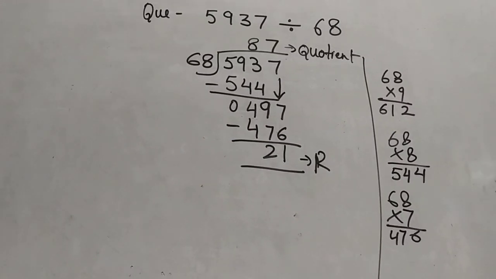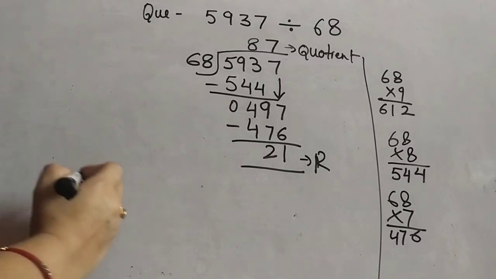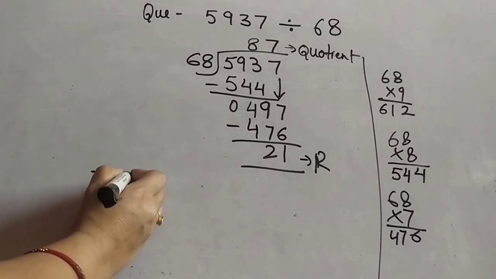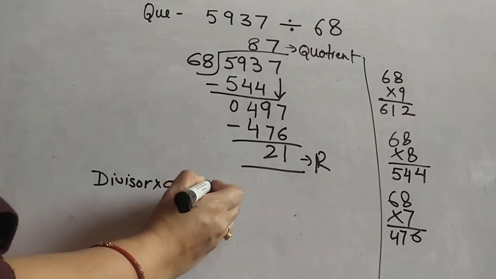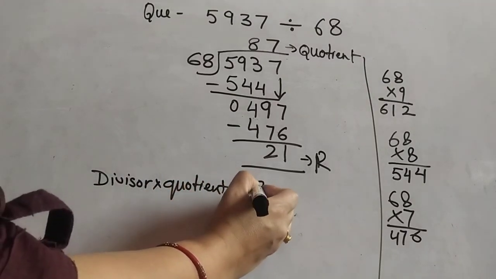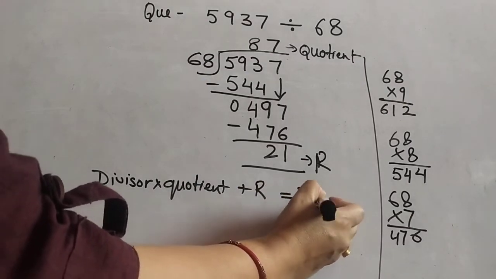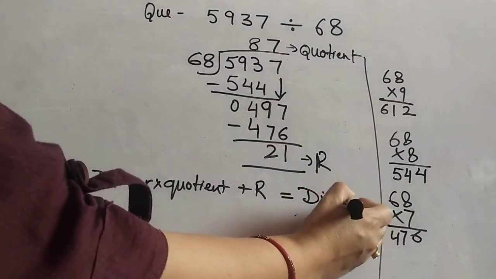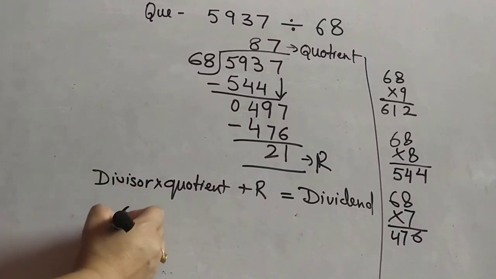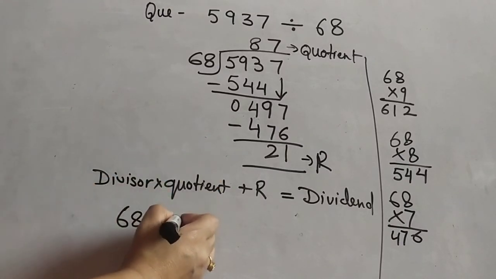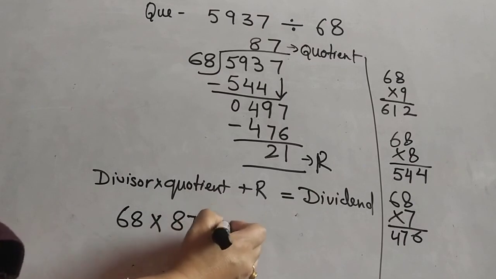Now let's check whether this question is correct or not. So the formula, divisor into quotient plus remainder should be equal to our dividend. Divisor 68 multiplied by 87, the quotient, and remainder 21.